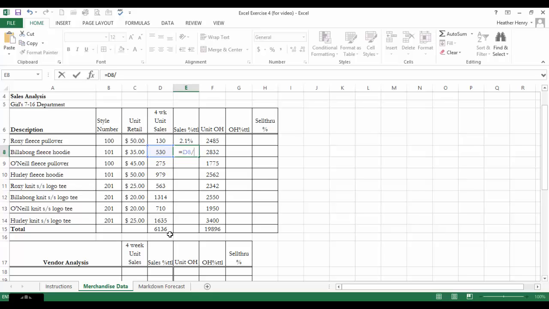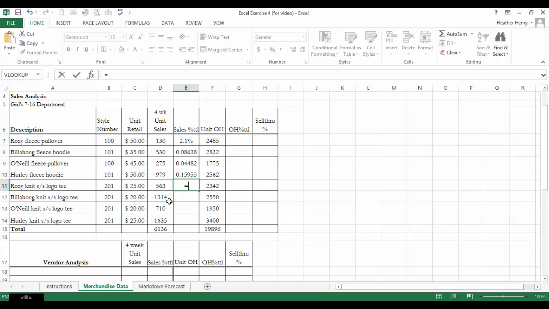We have 530 units divided by 6,136 units. The O'Neill Fleece pullover is 275 units divided into our 6,136 units. Our Hurley Fleece hoodie is 979 units sold divided by our 6,136 units total that have sold.